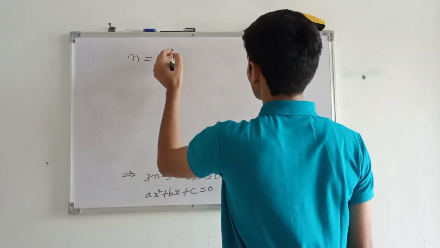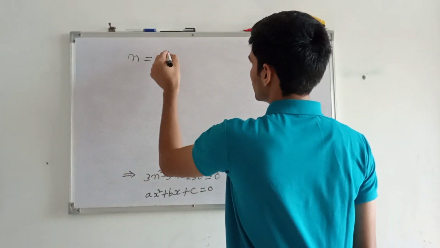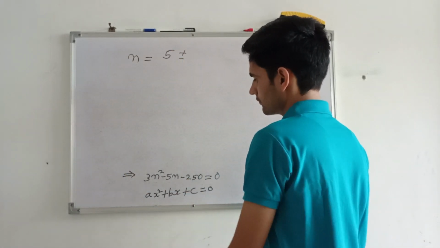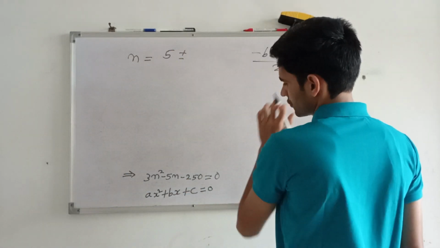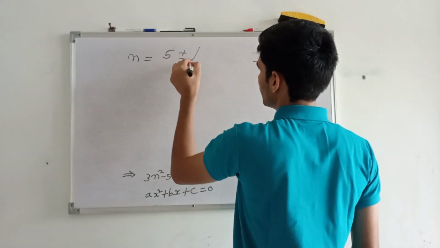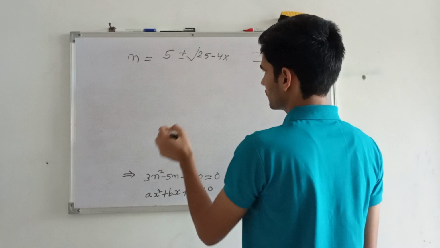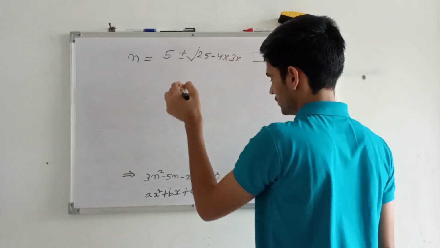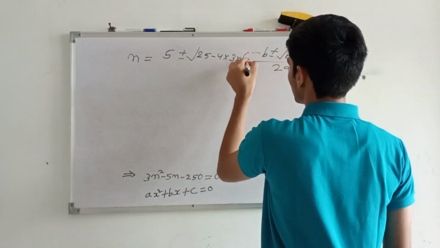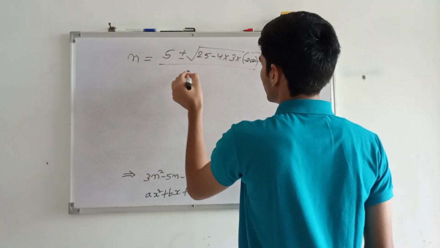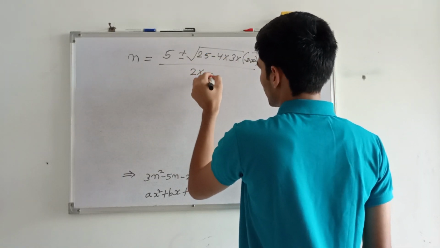What is b here? b is minus 5, so we will get minus minus, plus 5 plus minus square root of b square. Minus 5 squared will be 25, minus 4 into a is 3 into c is minus 250, upon 2 into a is 3.